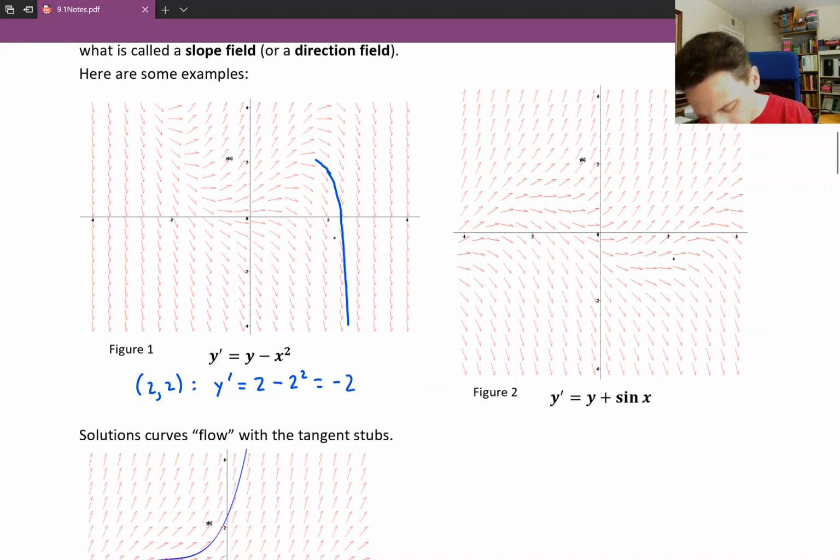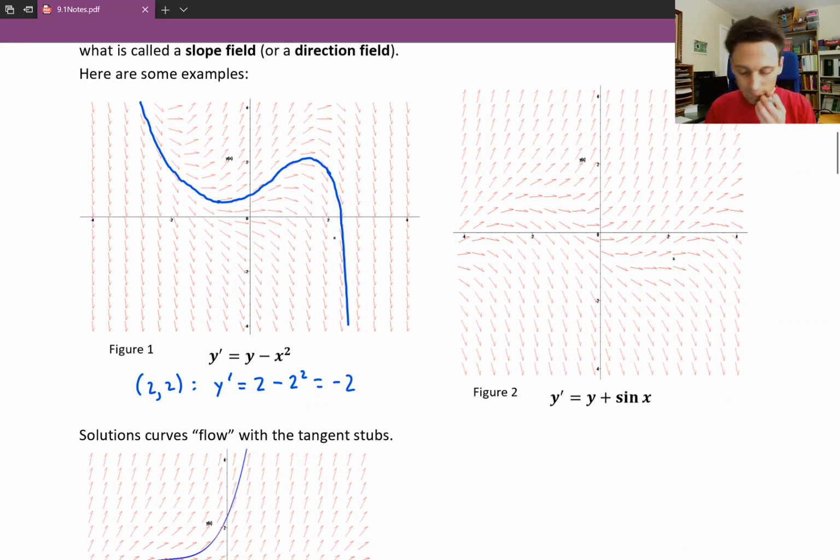As you go to the left, if you're going backwards, I know these things have arrows, but they can go both directions, you might have something like this. You're following along with the direction of those tangent stubs. It's hard to know exactly what it looks like, but it flows along with them.